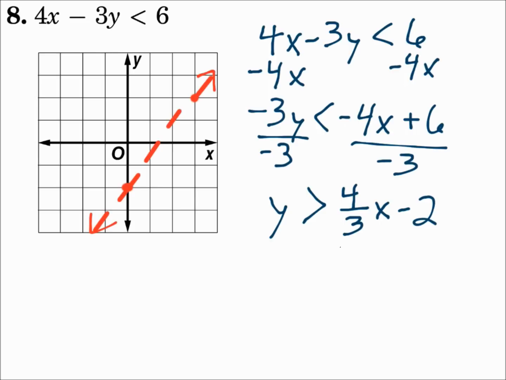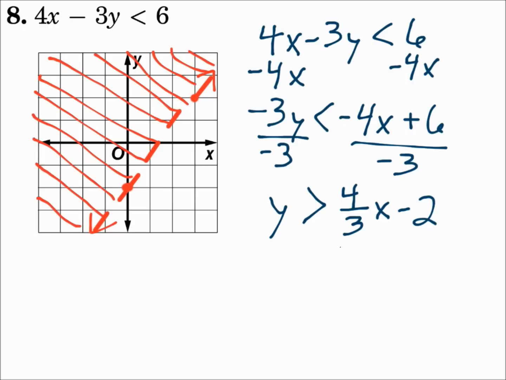And since y is greater, it's shaded above. The greater y values are above. Remember, equal gets a solid line. If it's not equal, it gets a dashed line. When y is greater, it shades above, and when y is less, it shades below.